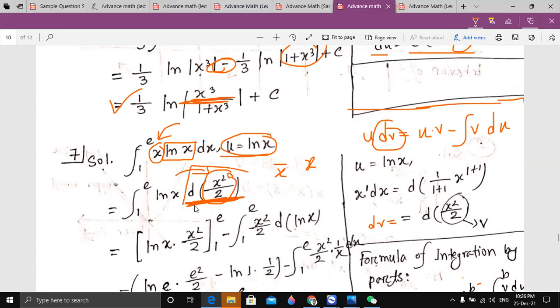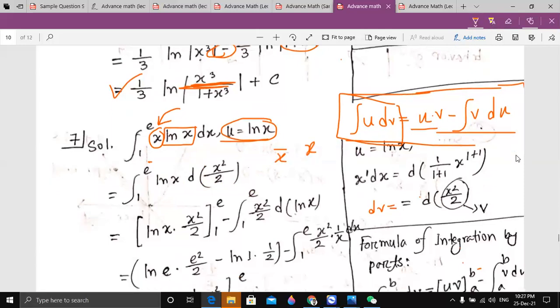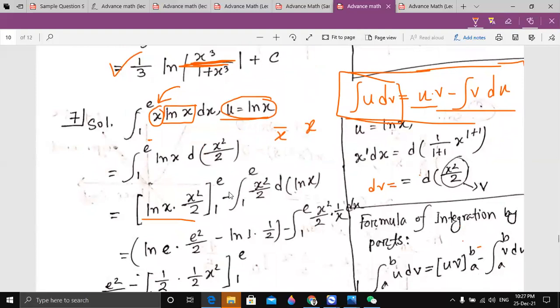Am I clear? So now we can use the substitution rule. We got the integration of u dv, so the formula is u multiply v minus integration of v du.